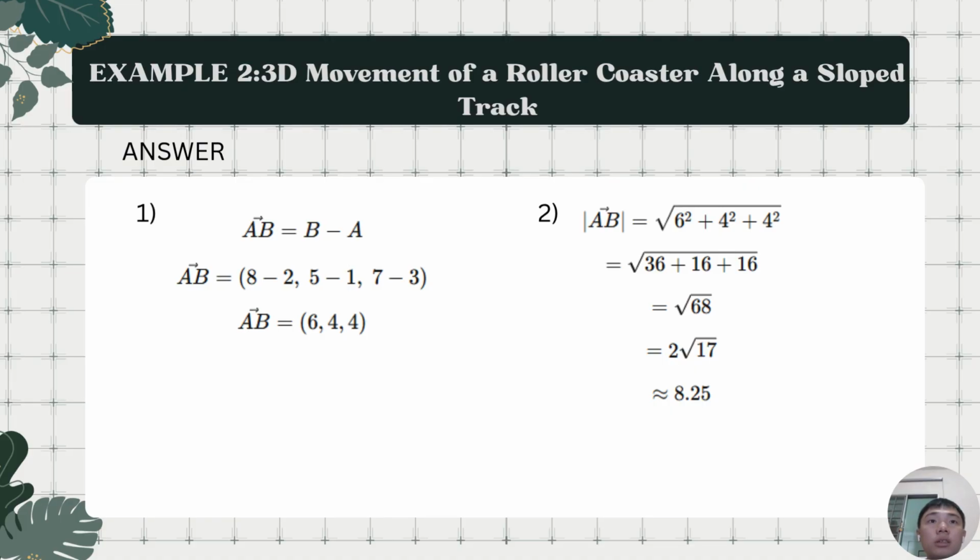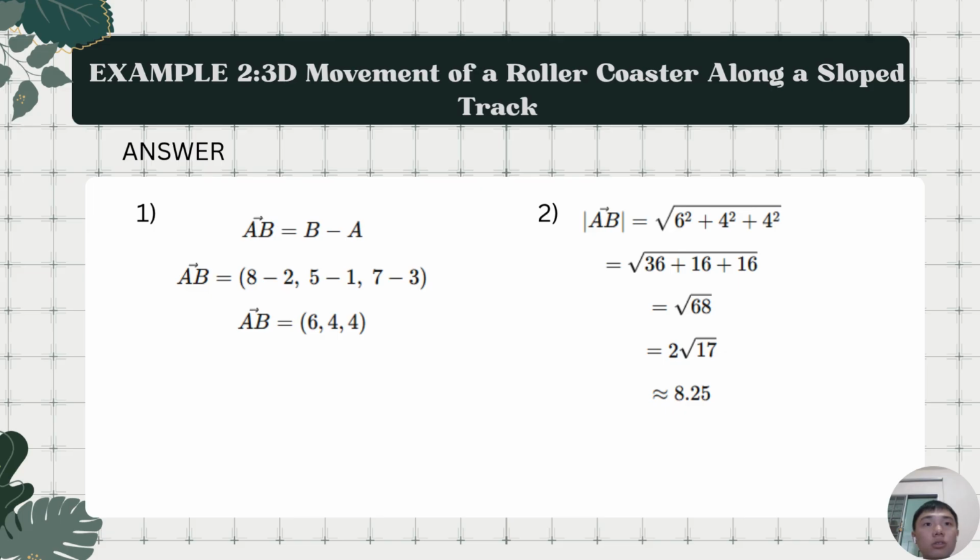So the vector from A to B is B minus A, which is for the x-axis 8 minus 2, for the y-axis 5 minus 1, and for the z-axis 7 minus 3. This gives the answer 6, 4, 4. So the position vector from A to B is (6, 4, 4).